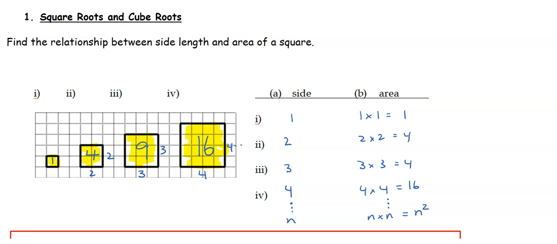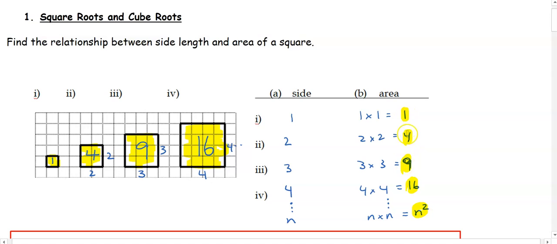A side length of 2 gives you 4 square units, side length of 3 gives you 9 square units, etc. We call all of these areas perfect squares or square numbers, right?